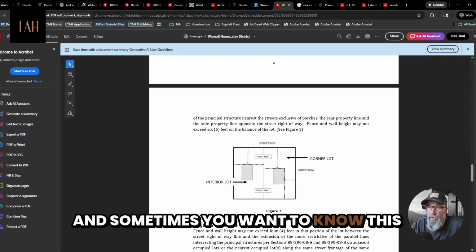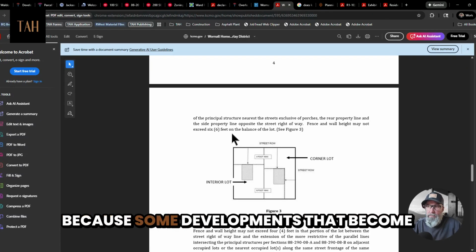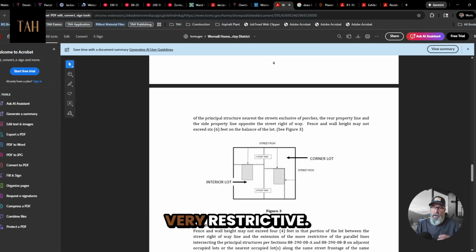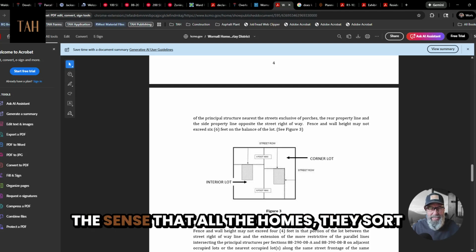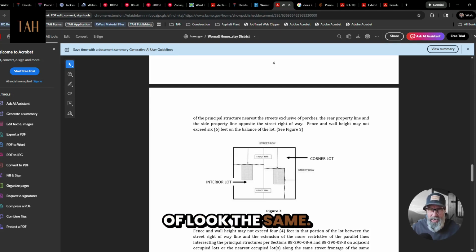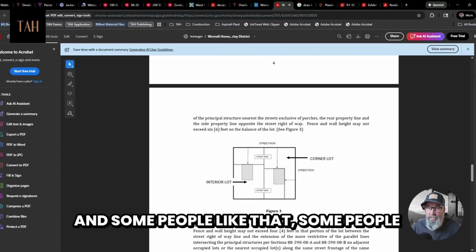And sometimes you want to know this before you buy into a neighborhood, because you'll have to be careful, because some developments have become very restrictive in what you can build. Sometimes you'll go into these custom home developments and you get the sense that all the homes sort of look the same. Well, there's a reason for that. Some people like that, some people don't.